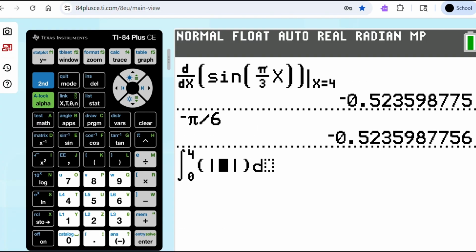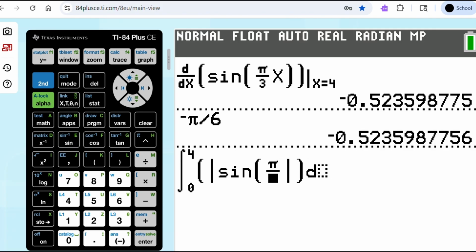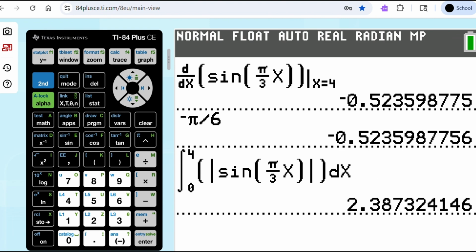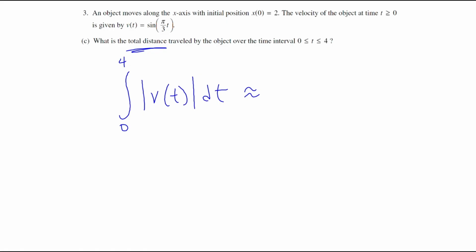And now our velocity function was just, once again, sine of pi over 3 times x. And we'll put our dx out in the end there. And we end up getting 2.387. And that's all you have to do.